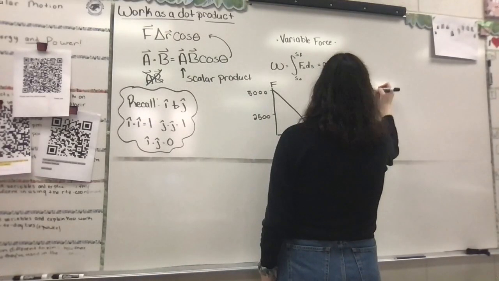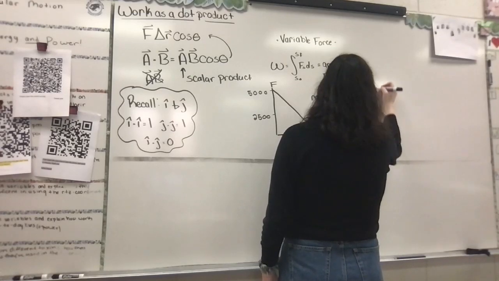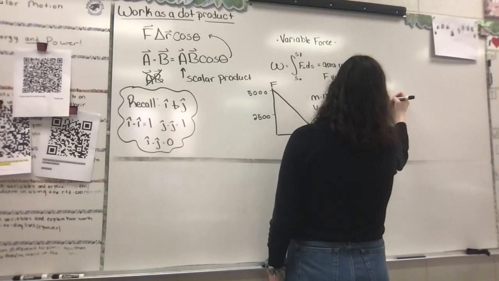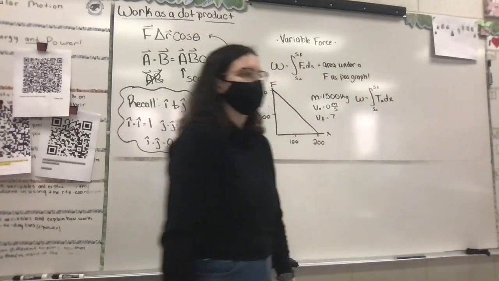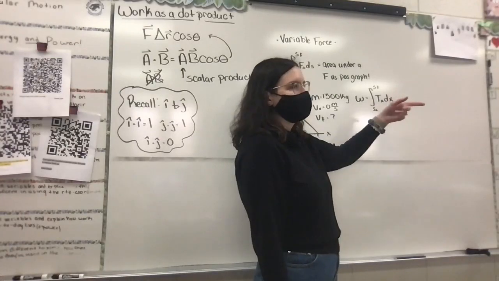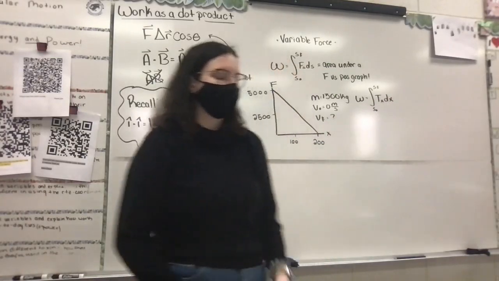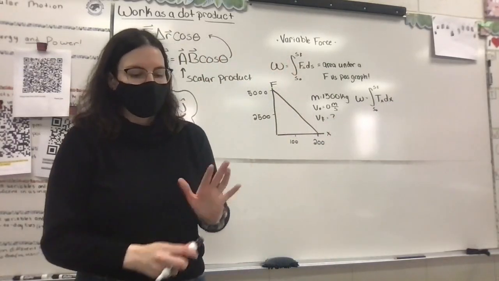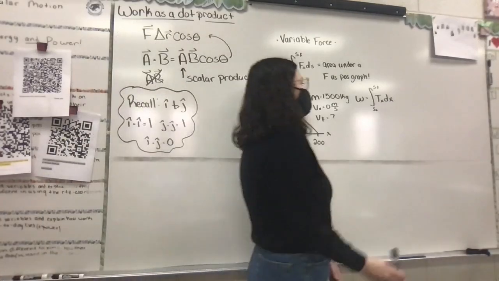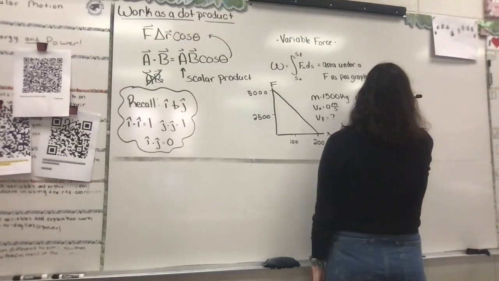So, we're going to say that work is the integral of Tx dx here. Because our force is tension, and we're moving in the x direction because we're getting pulled horizontally, okay? And we also know that work is equal to the change in what?